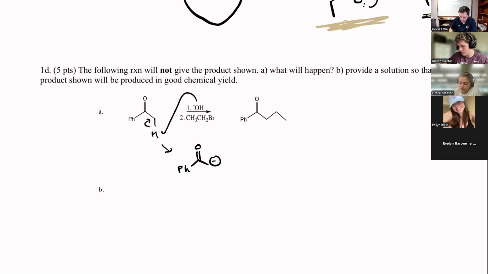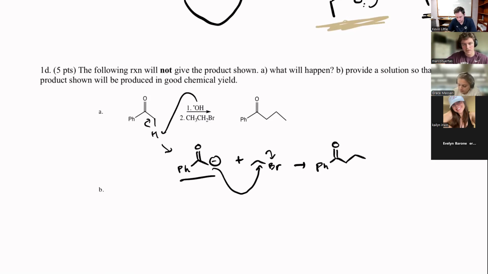This is a good nucleophile. So what happens when I pair it with, say, an electrophile? It'll react. The nucleophile will attack. I get this. This is the only simple one so far.